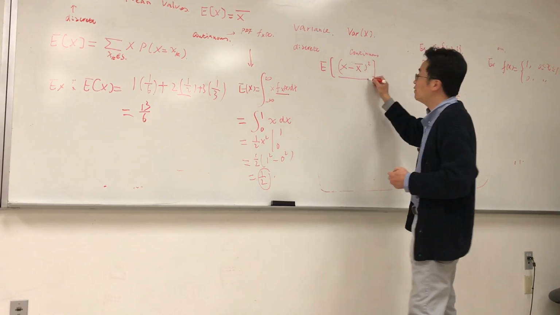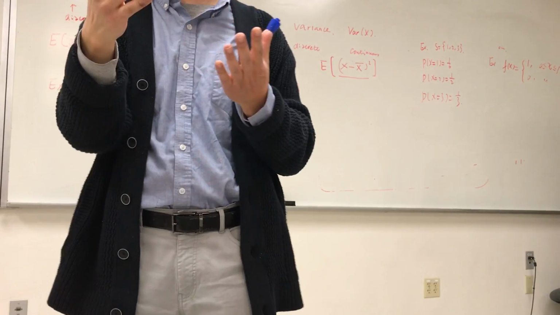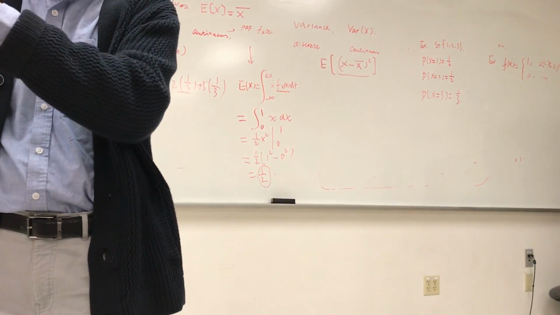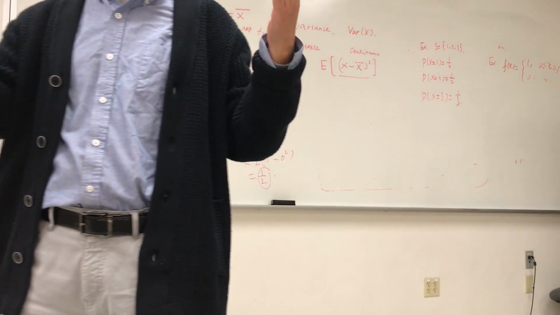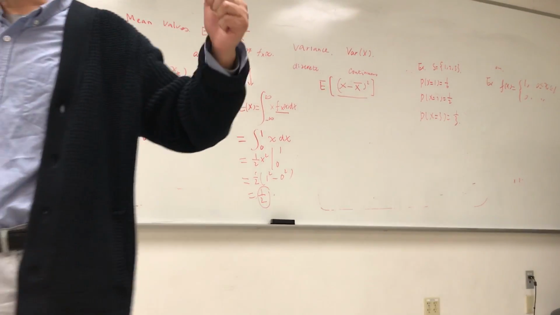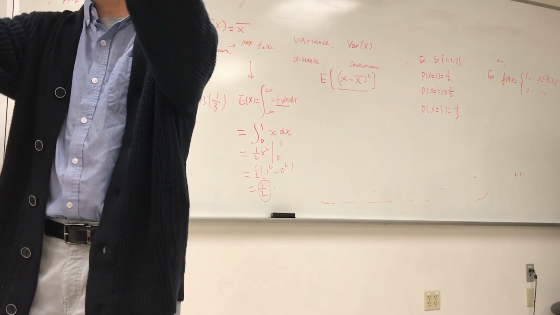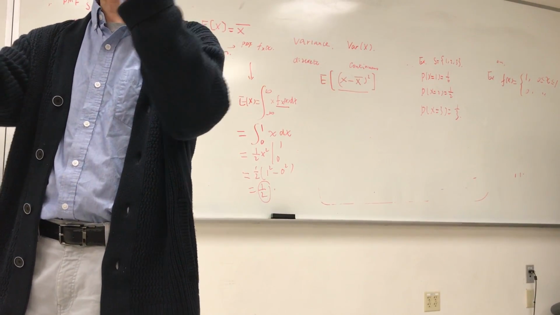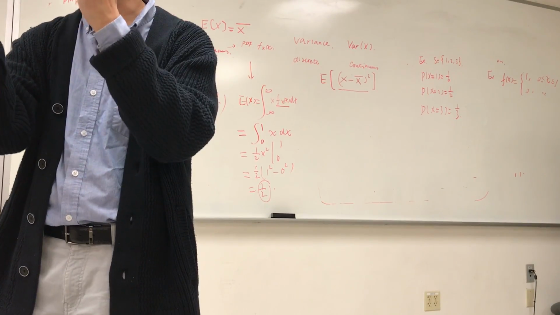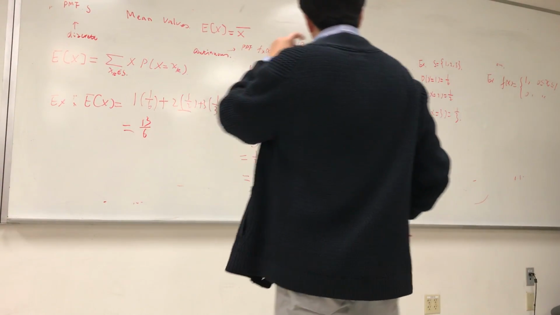This will give us a distance between the random variable and its mean value. And because X takes on different realizations, we have to take this average. And this average will give us the variance, in other words, how the random variable is distributed around its mean value.